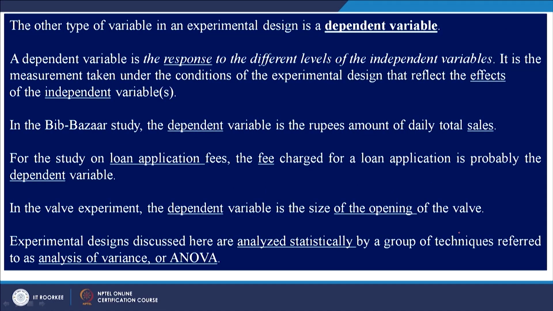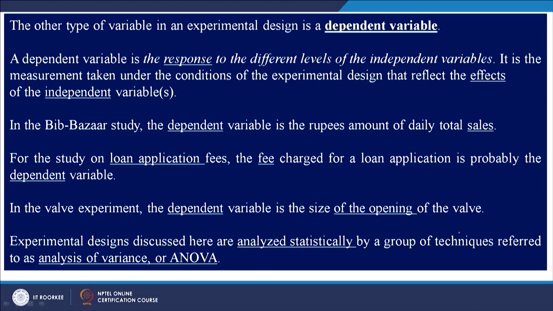So far we talked about the independent variable. Let us talk about the dependent variable. The dependent variable is nothing but the response. As I said, if we are testing whether the application fee of a loan is different in 3 different villages, that application fee is the dependent variable, the response to some independent variable.